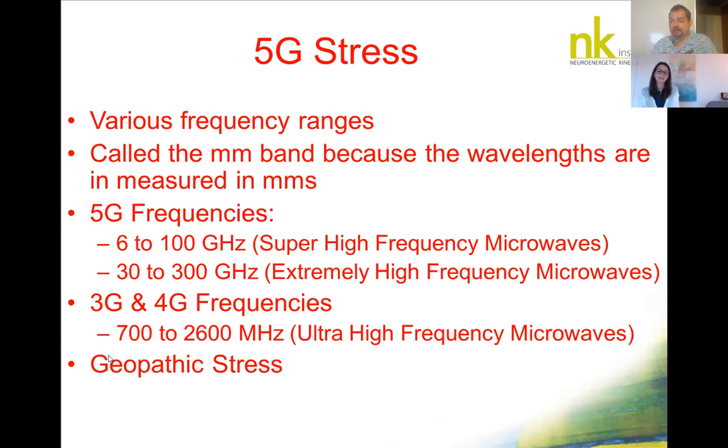Und hier ist die Wellenlänge eine sehr kurze, ungefähr im Bereich von Millimetern. So you can see the 3G and 4G frequencies are 700 to 2600 megahertz. Wohingegen 3G und 4G sich zwischen 700 und 2600 Megahertz aufhalten.